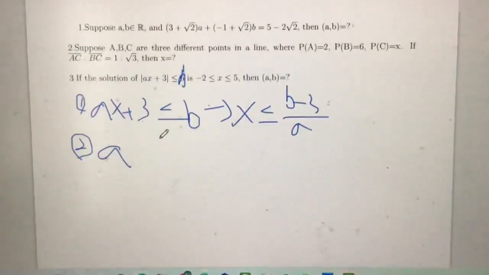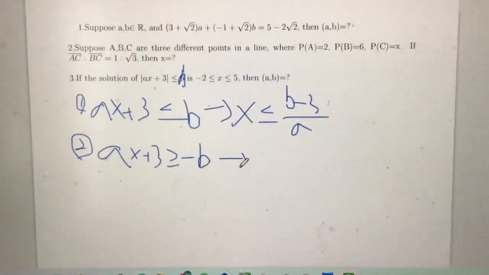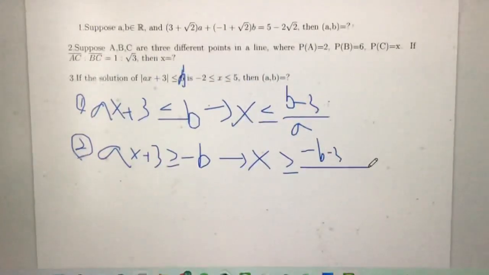And case 2, the other case of the absolute value is like this one: ax plus 3 is larger or equal to minus b, right? So if this case holds, then the answer of x will be larger or equal to minus b minus 3 divided by a.